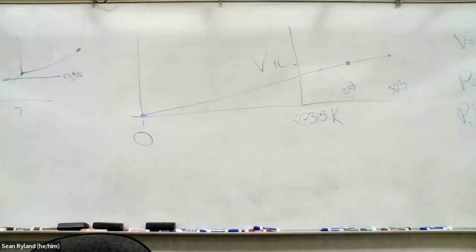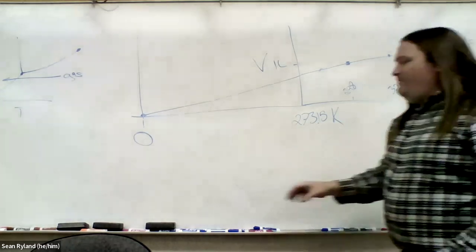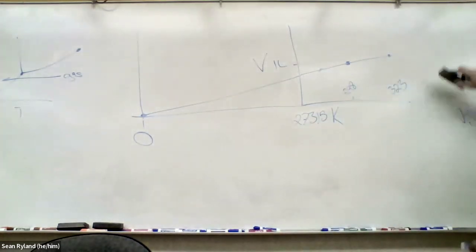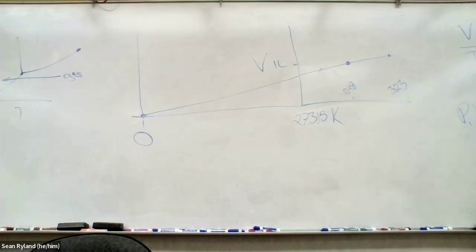And we can do the same thing with volume and temperature. We can rearrange it so that we can say V1 over T1 equals V2 over T2. And this is called Charles' law.